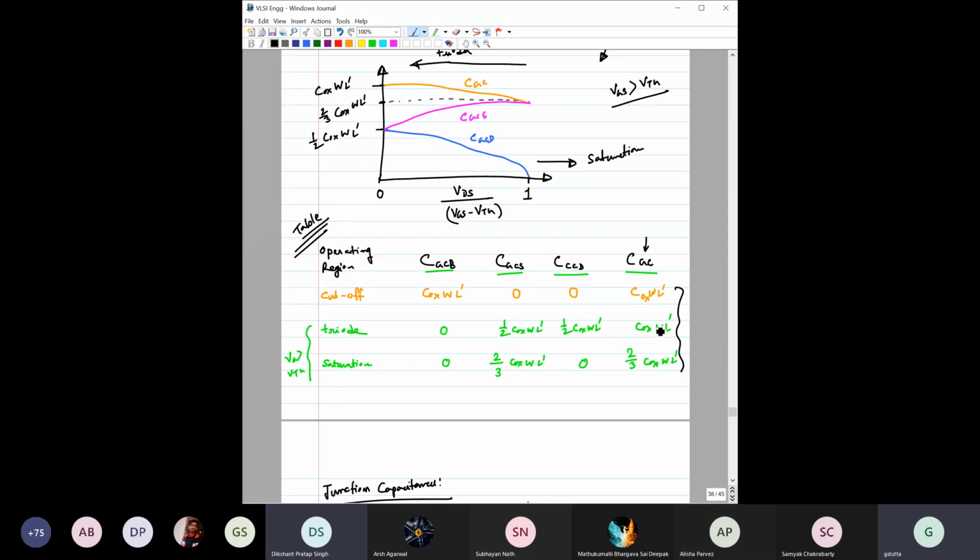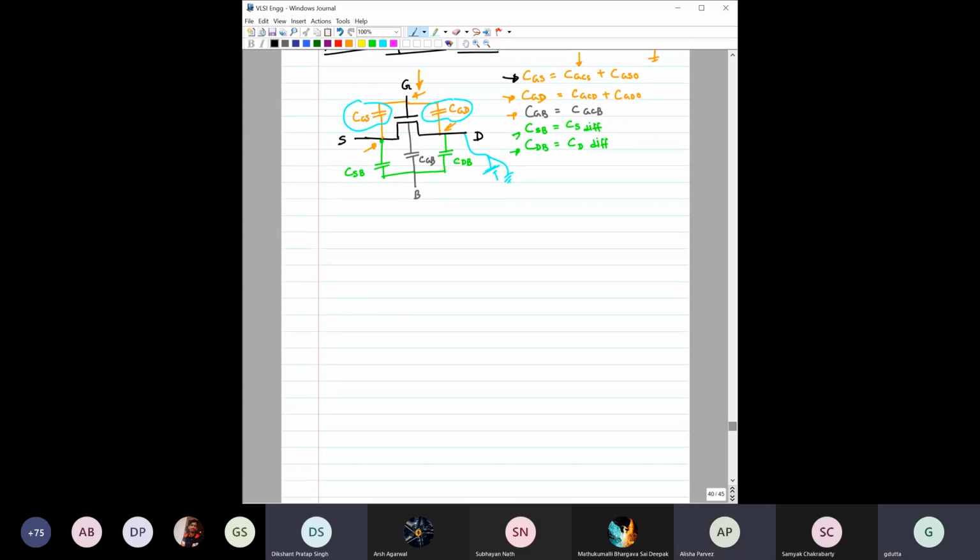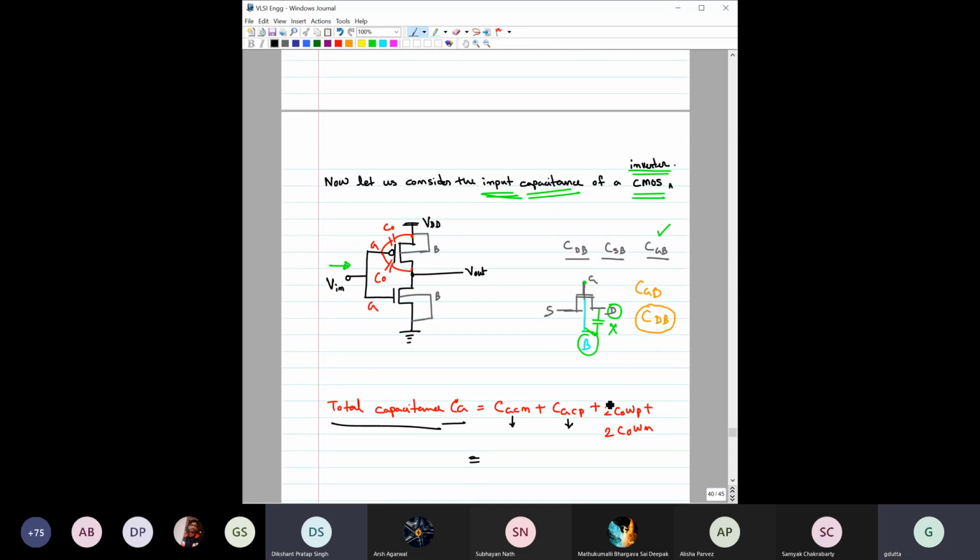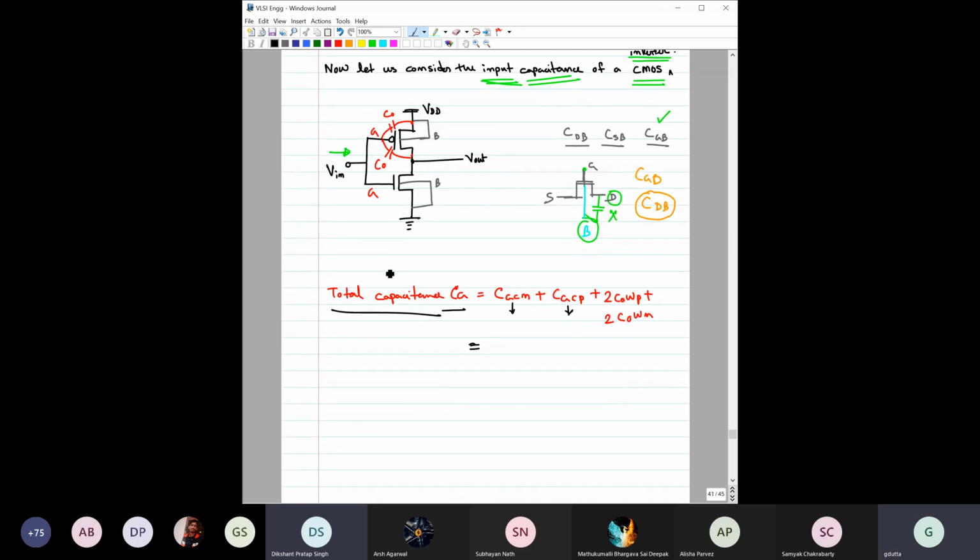However, when you are considering the delay, we always try to consider the worst case delay, right? The maximum delay. So the maximum delay is when the capacitance would be maximum, right? So considering that, we will take this value only. When we are considering this worst case delay, let me first write it.